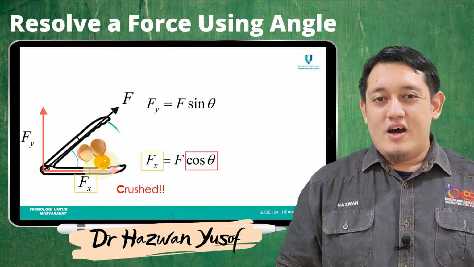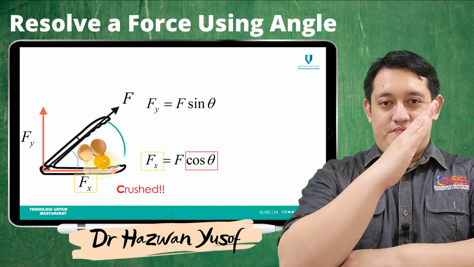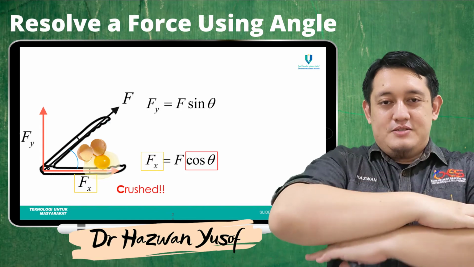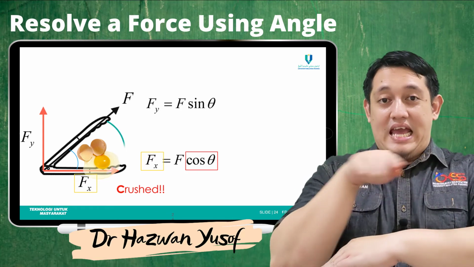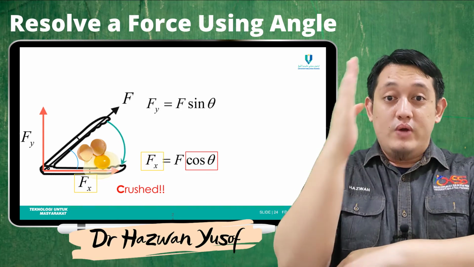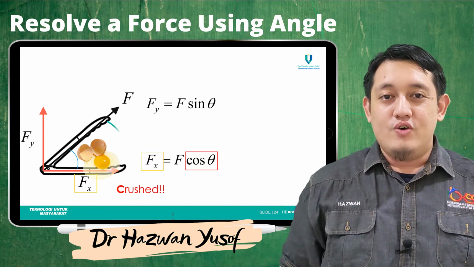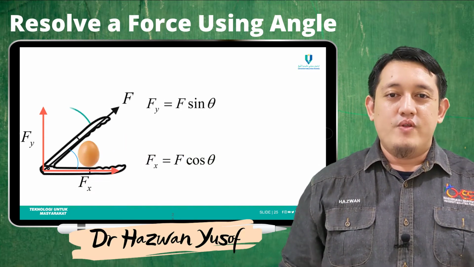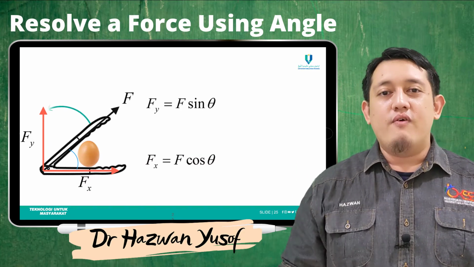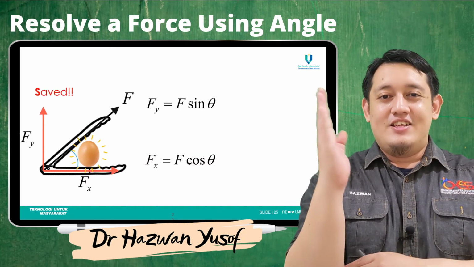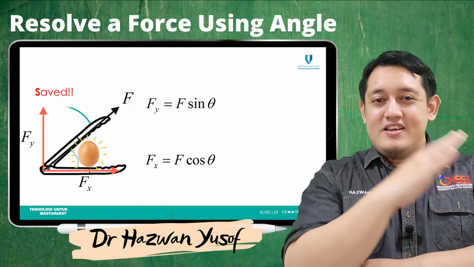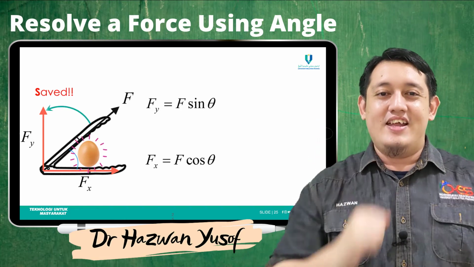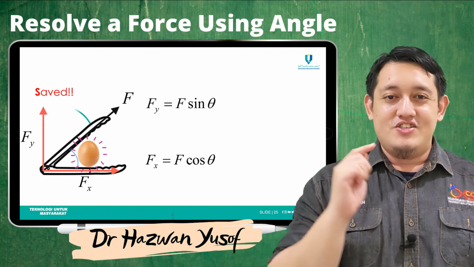Means that when we want to resolve a force to a specific direction where the angle is between it, we will crush it, so we use cosine to solve this one. Simple. Now, what about Fy? When we resolve it to the y direction, the egg is safe.